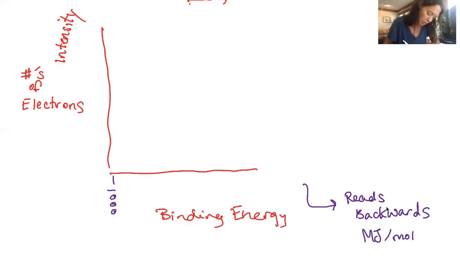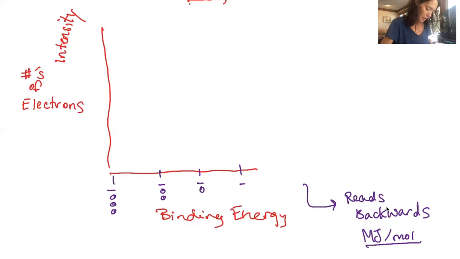Okay, so that's 1,000,000 times bigger than a regular joule. So we got 1,000 megajoules per mole here, maybe like 100 here, maybe like 10 here, and maybe like 1 here. So the PES spectrum reads backwards, where the high number is closer to where the x and the y axis meet.